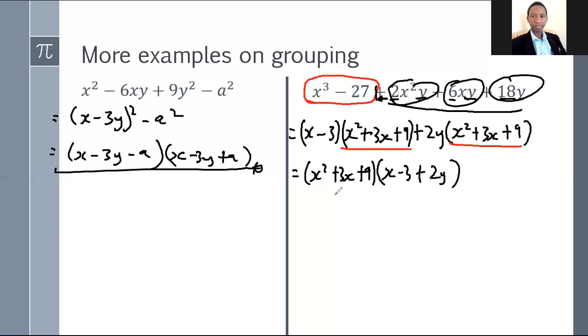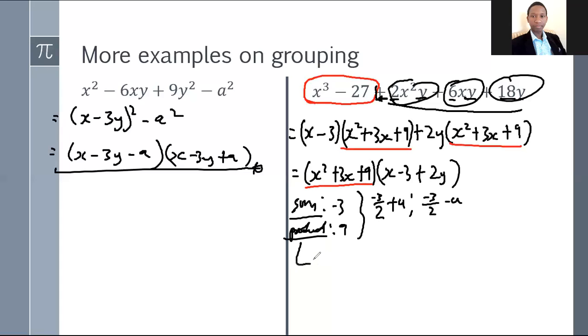So we're going to continue with our U method. If I were to work on this quadratic and factorize it, the sum should give me a negative 3, and the product should give me a 9. The way it works is I divide the sum by 2, then I have to add one particular number, which I am going to find using the product.